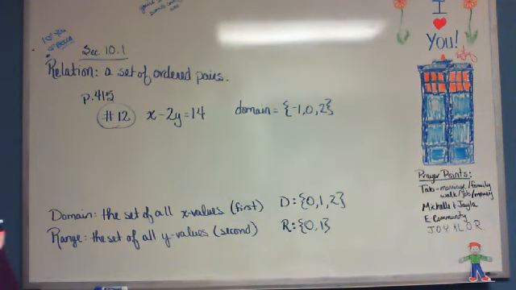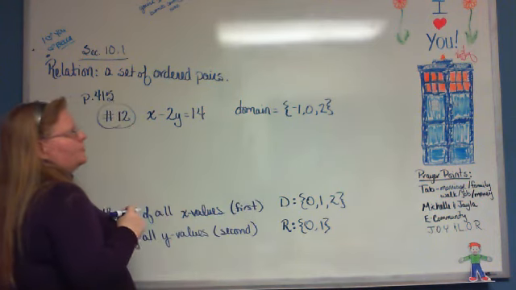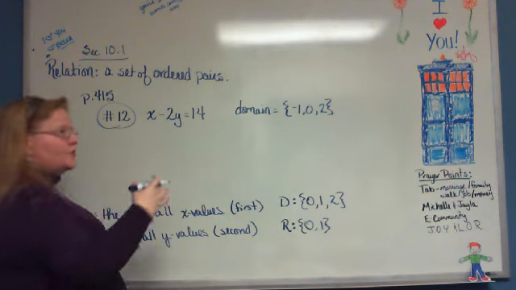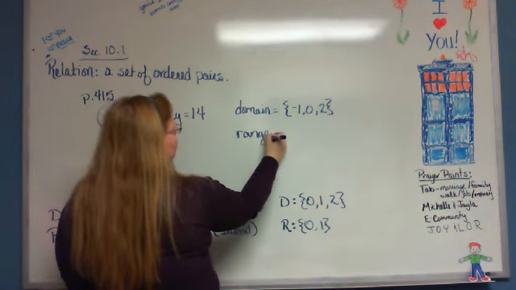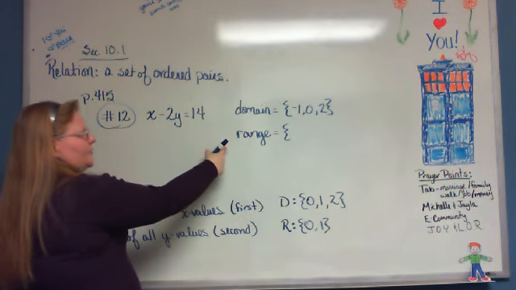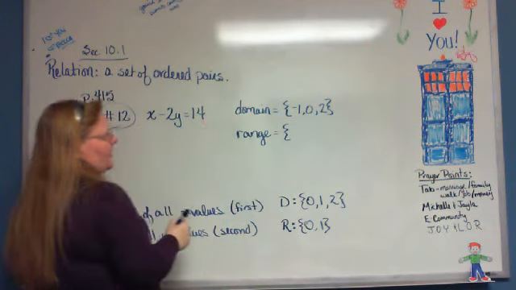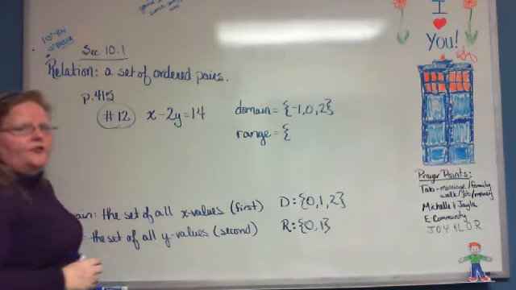Well, remember before we were talking about points, our domain was just the x value. So if I wanted to find the range, which is what they're asking me for, I have to figure out what my y values are that match up with those x values, because that's what this was, the y values that matched up with the x values.